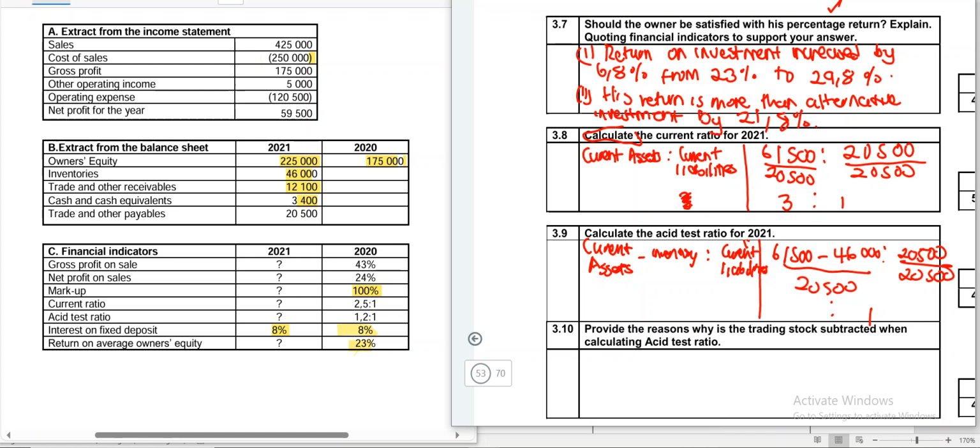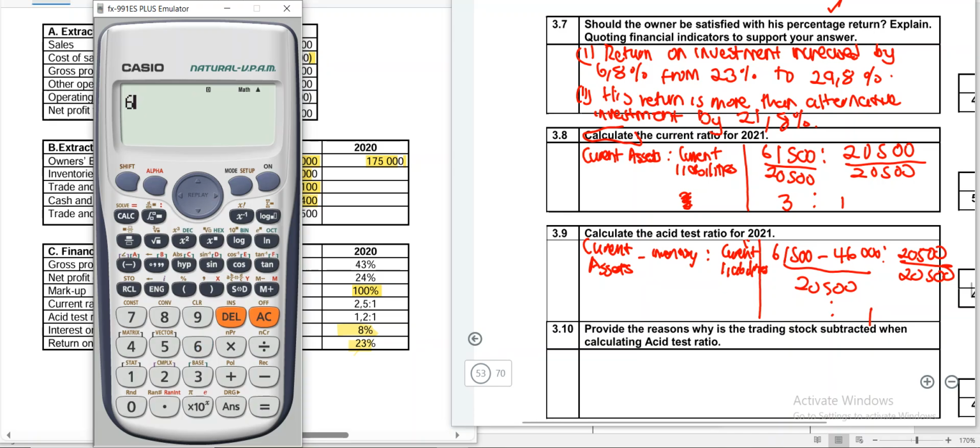So 61,500 minus 46,000, we are left with 15,500. So 15,500 divided by 20,500 is giving us 0.8:1.